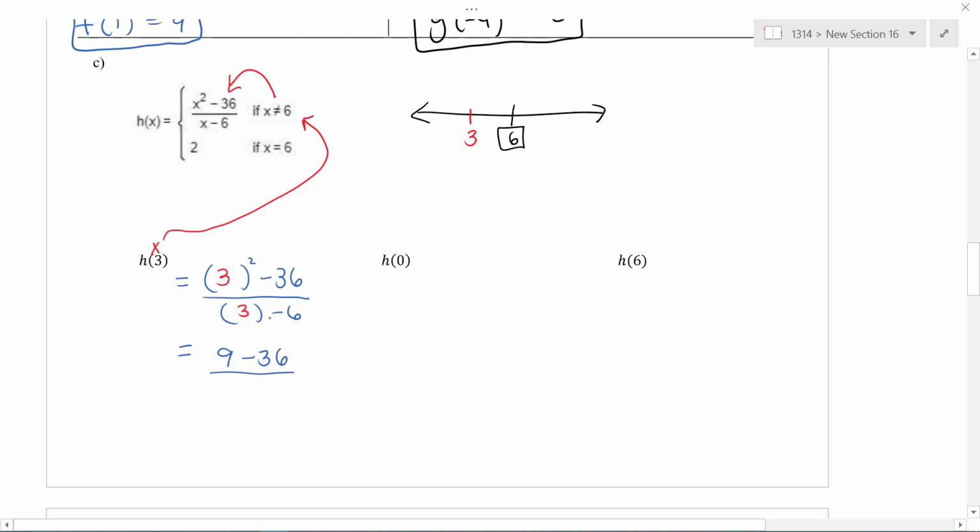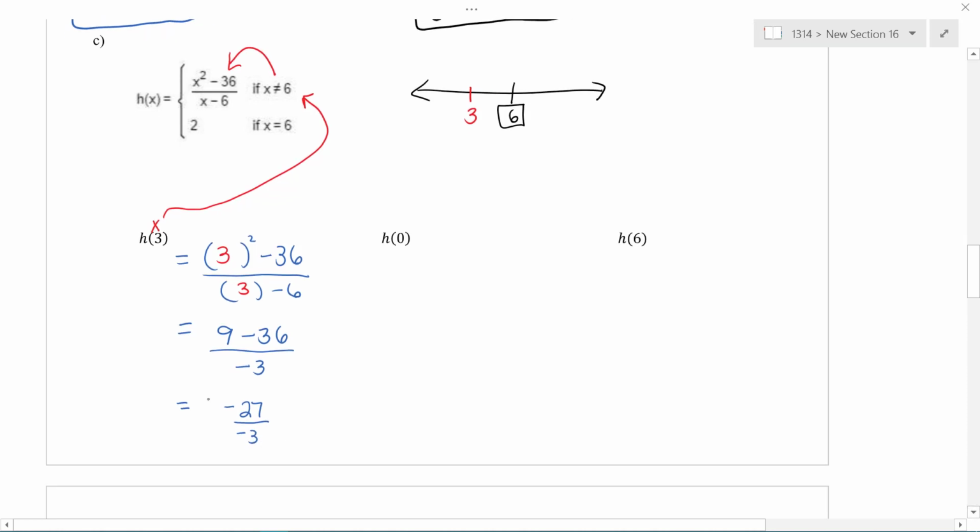At the bottom we have 3 minus 6, that's negative 3. 9 minus 36 is negative 27 over negative 3. Negative 27 divided by negative 3, and negative divided by negative is a positive. 27 divided by 3 is a positive 9. So when we put a 3 into that function, we get out a positive 9 for the y value.